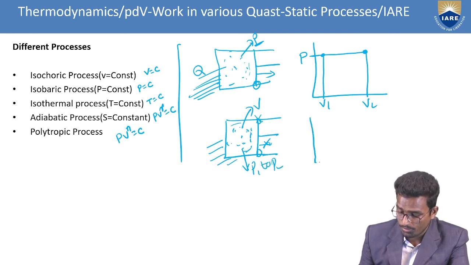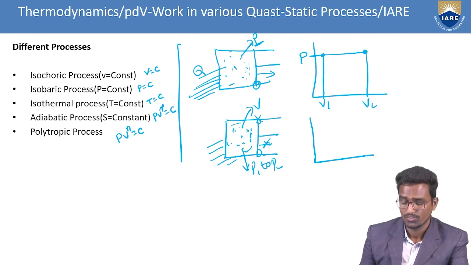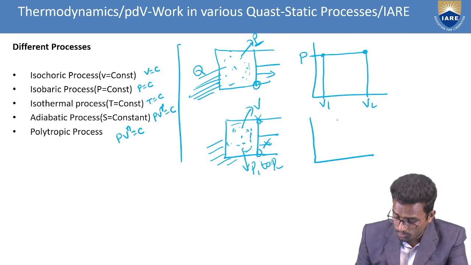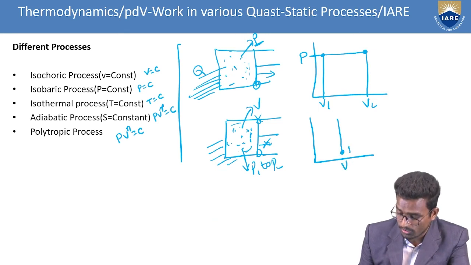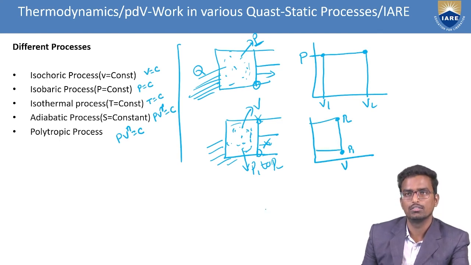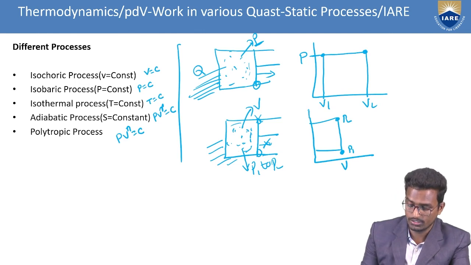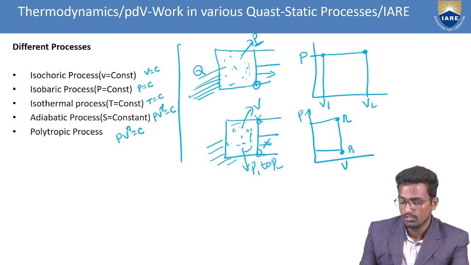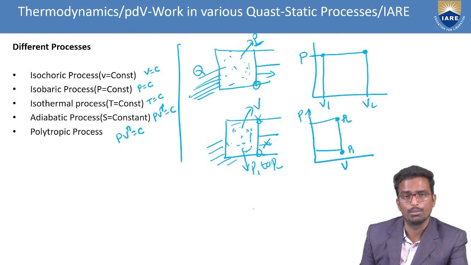If you draw the PV diagram for this, the volume V is constant, with initial pressure P1 and final pressure P2. So like this, you can analyze many systems in real-time applications.